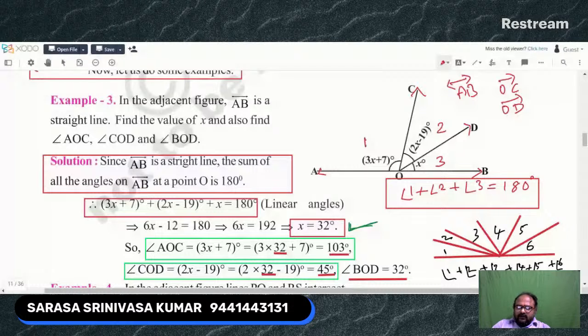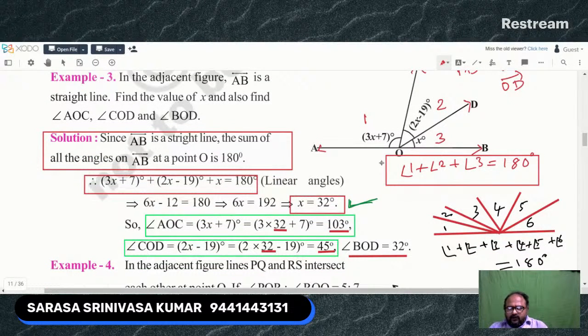And using this property, we have noted down this step. Angle 1 plus angle 2 plus angle 3 equal to 180 degrees. Using this result, you can find x. This is the principle to find angle x.